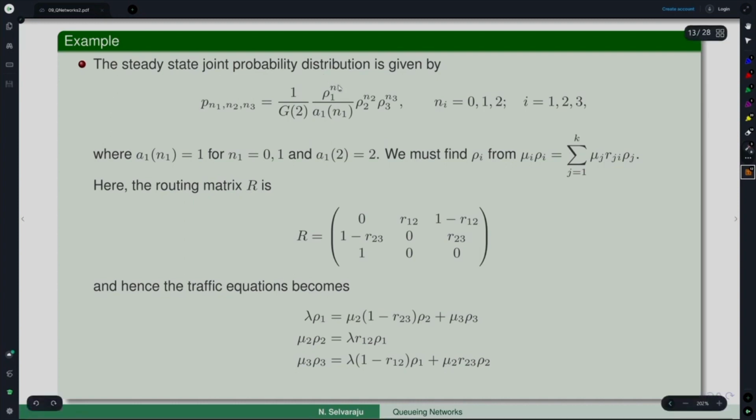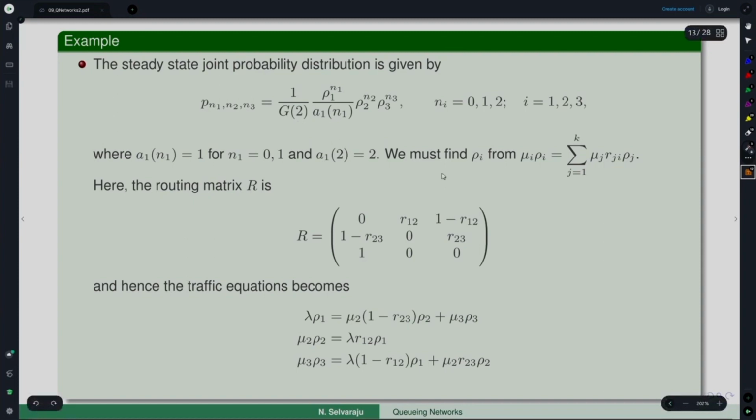So, for M/M/2 the factor that comes in is rho 1 to the power n1 divided by A1 of n1, where A1 of n1 is 1 for 0 and 1, and A1 of 2 equals 2. So, if you specialize to 2 customers in the network, this is what will happen with the 2 servers, and for the other 2 nodes with a single server you will have the corresponding factors here. So, G2 will take care of all the total possibilities.